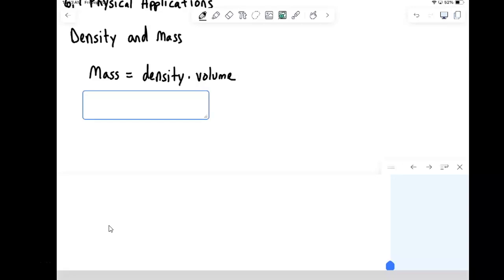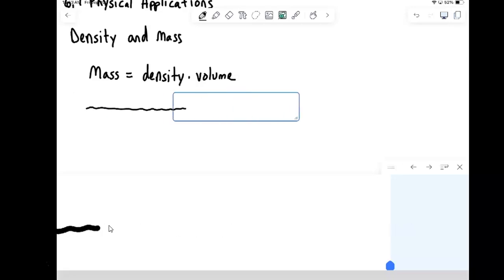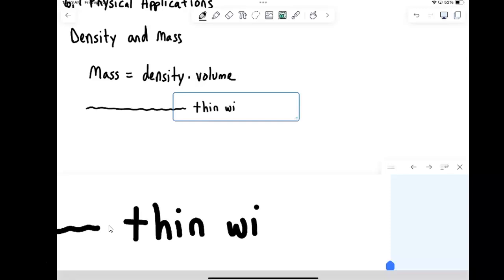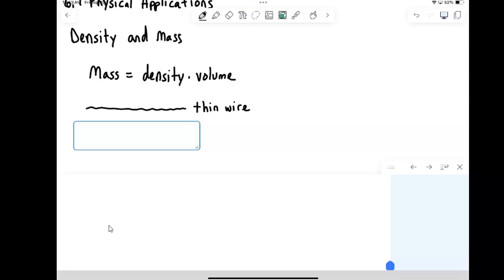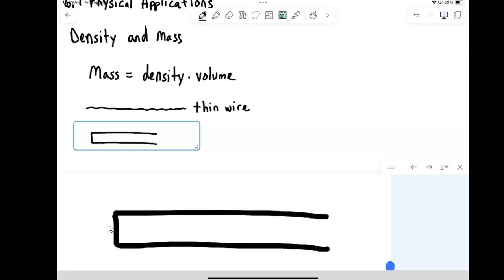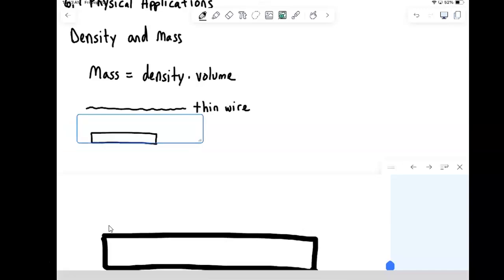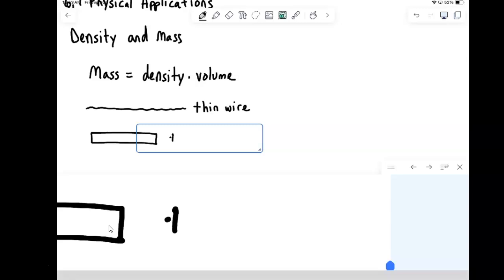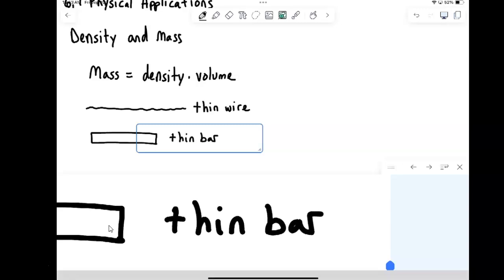So the idea here is we think of objects like either a thin piece of wire or a thin metal bar of some substance.